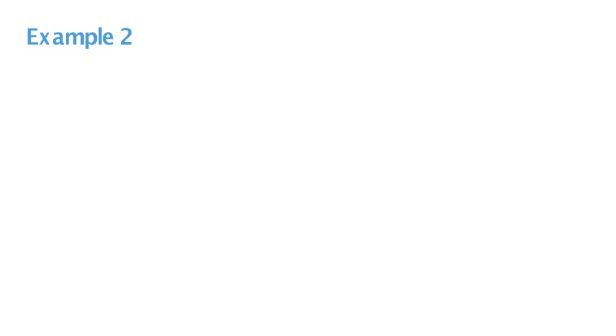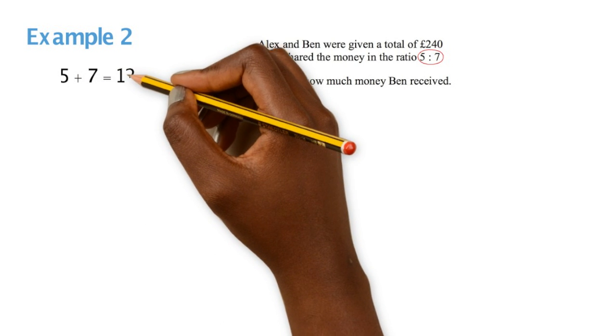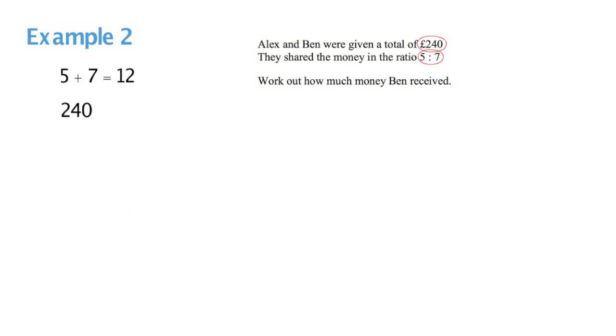So example 2. In this question, Alex and Ben are sharing £240 with a ratio of 5:7. The first thing that I would do is write out the ratio, and then I would add them together. So 5 plus 7 gives you an answer of 12. Then you do the total, which is 240, divided by the total of the ratio, which is 12, and that gives you an answer of 20, which is the equivalent of 1 part.